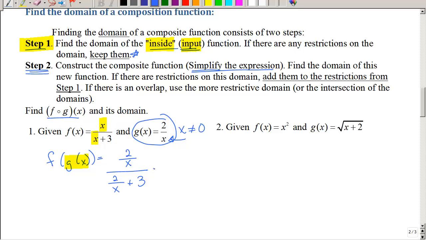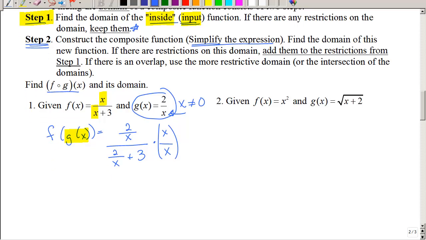Well, one way is to multiply the top and bottom by the common denominator of this whole expression, x over x, and simplify. So those would cancel out and I would have 2. Here I'd have 2 plus 3x, because remember I'm multiplying this times both of those. And that looks a lot better. So that's my composition function.